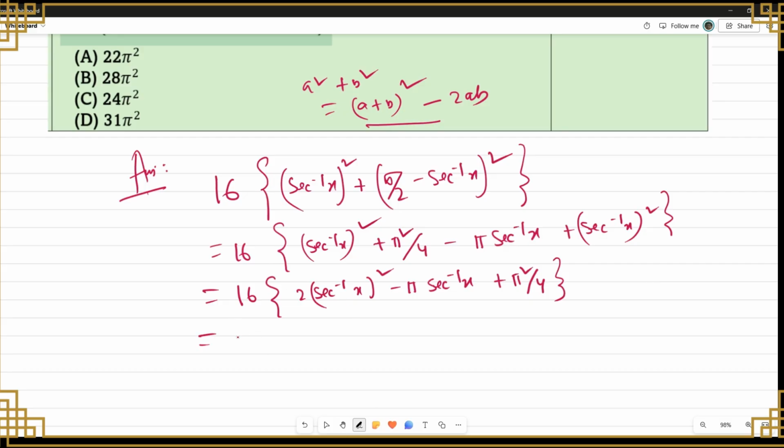Now you take 2 also common. 16 into 2 if you take common, sec inverse x whole square, this plus pi square by 8.